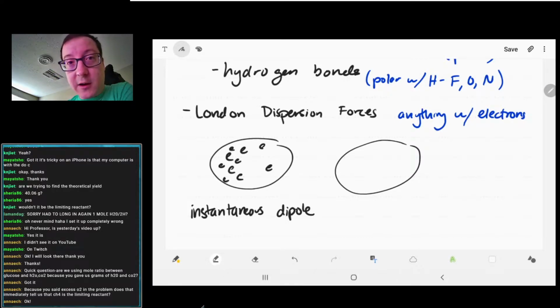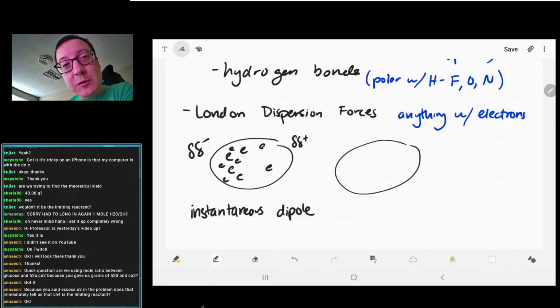So it's not a real dipole, it is a fake dipole, dare I say. An instantaneous dipole would be a very, very small charge. It just happens that most of the electrons in this blob are on one side of the molecule at a given time, just a snapshot, as it were. That makes the other side very, very slightly positive.